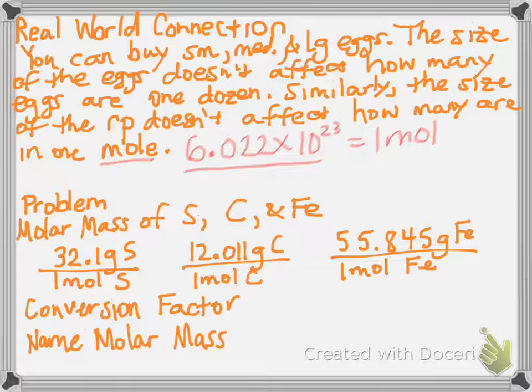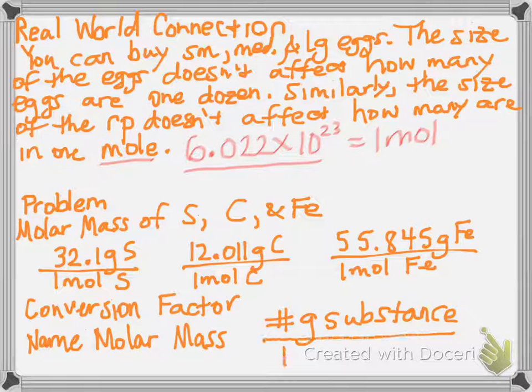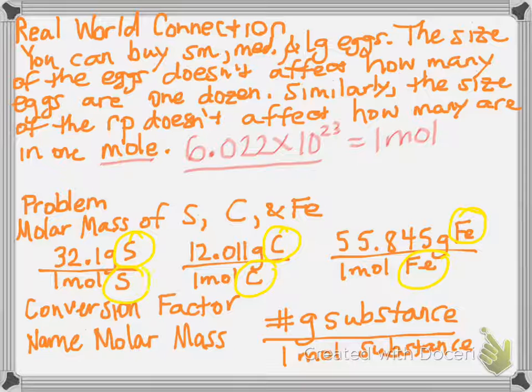And it's going to be some number of grams of substance over 1 mole of substance. And it has to be the same substance, right? Again, up here, iron and iron, carbon, carbon, sulfur, sulfur, has to be the same substance.